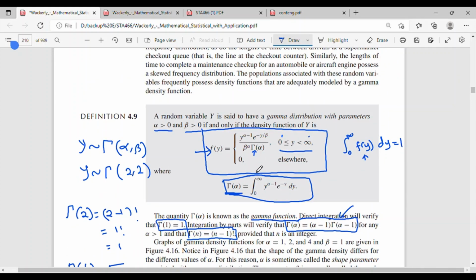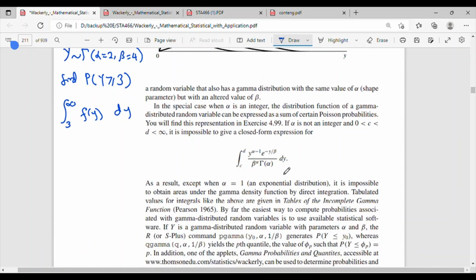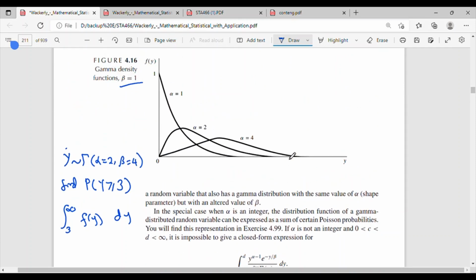So we need to write down the f of y, the density function for the gamma distribution.